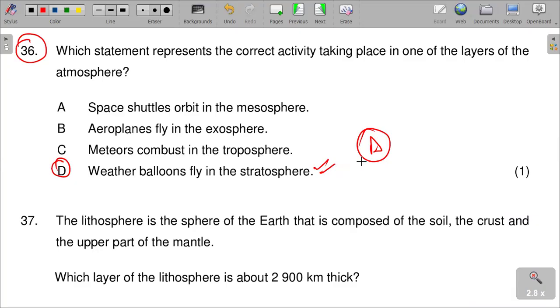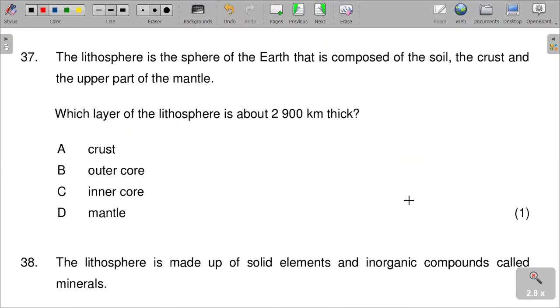The lithosphere is the sphere of the earth that is composed of the soil, the crust, and the upper part of the mantle. Which layer of the lithosphere is about 2,900 kilometers thick? You can refer to our notes and our textbooks where we talk about the structure of the various spheres of the earth.